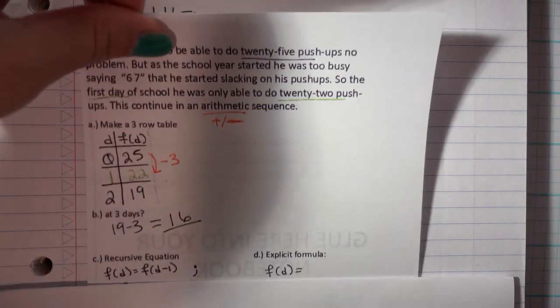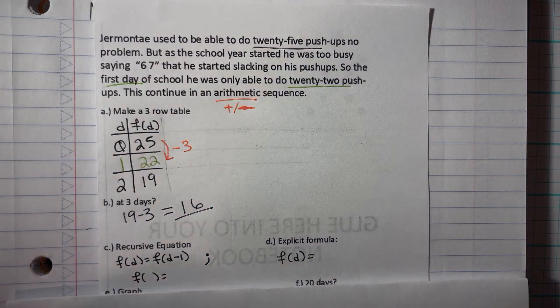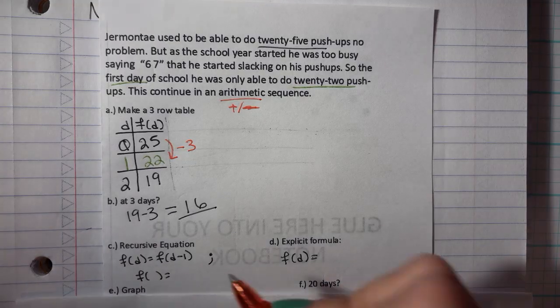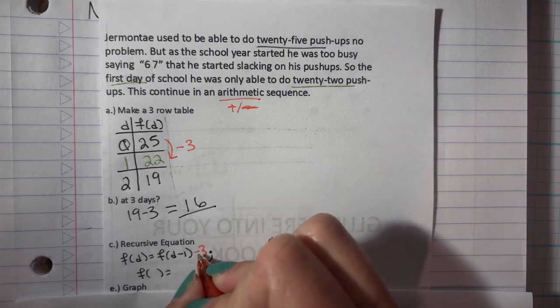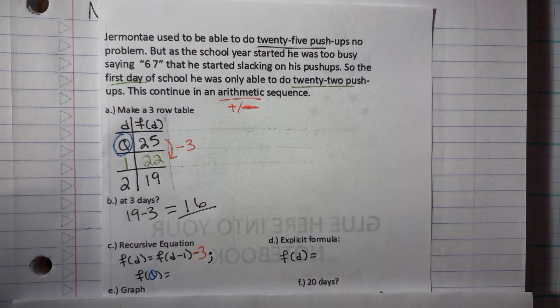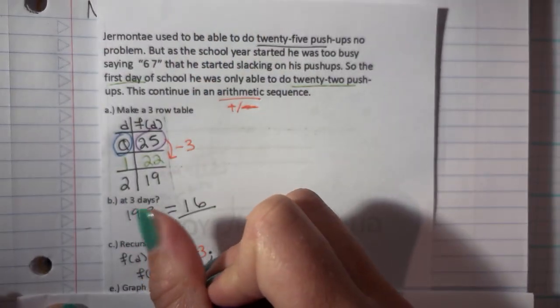Okay, so we can actually write all the things that we need. We know it's going to go f of d equals f of d minus 1, subtracting 3. Then we start with the 0 and 25, so you always have to write your pair of start numbers.